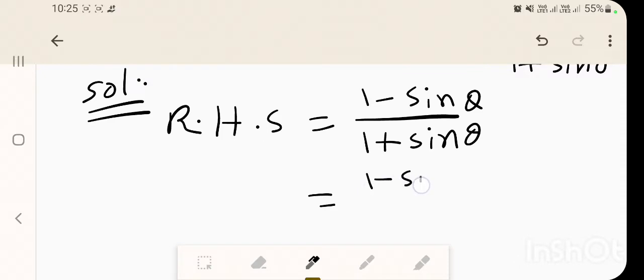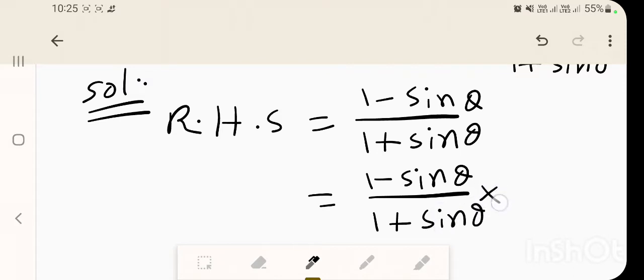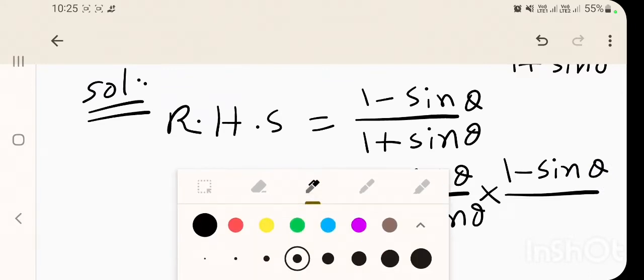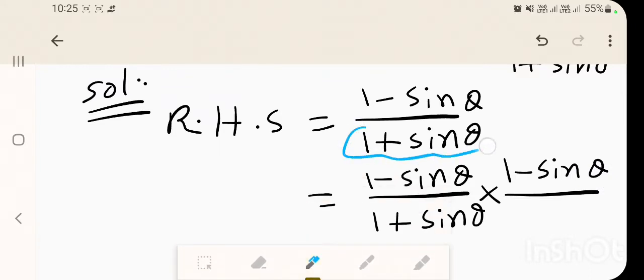We are going to multiply the numerator and denominator with 1 minus sin theta. Why 1 minus sin theta? In the denominator of this RHS we have 1 plus sin theta, so to simplify this we multiply with the opposite sign of the denominator, that is, we multiply and divide with 1 minus sin theta.